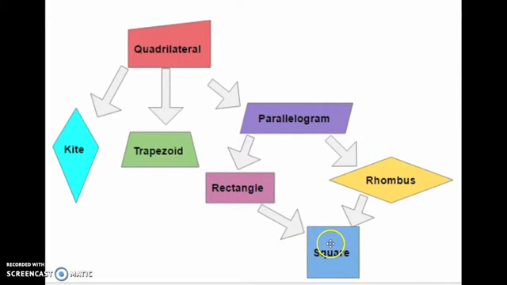Also, all squares are rhombuses, and all squares are rectangles, but not all rectangles and rhombuses are squares, because a square, like a rhombus, has four equal sides, and a square, like a rectangle, has four right angles.